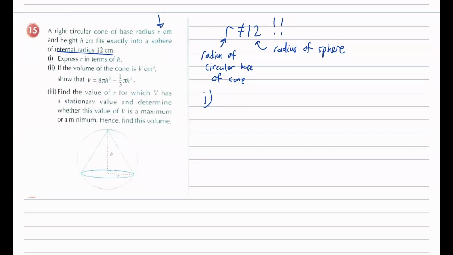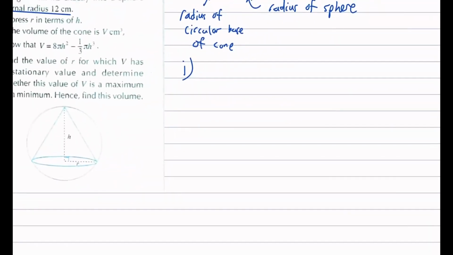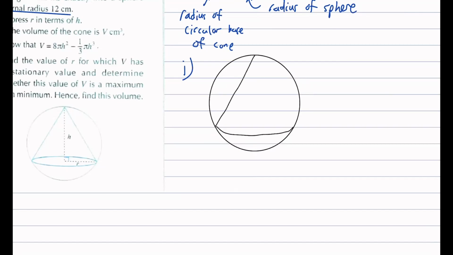So here you really need to draw a picture. For this sphere, what's going on is that the cone is sitting entirely inside. So let me just try and replicate the drawing. Okay, you need to see a pattern.